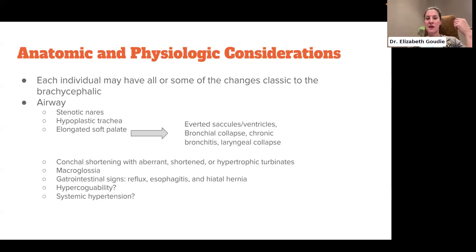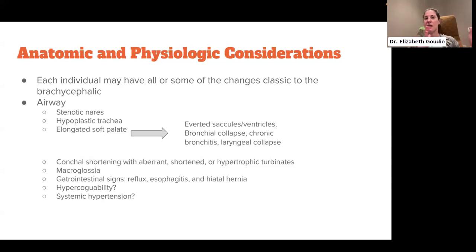So the classic brachycephalic airway is stenotic nares, hypoplastic trachea, elongated soft palate. Due to the negative pressure that's created by this general stenosis of their upper respiratory system, we often see everted saccules or ventricles, bronchial collapse causing a chronic bronchitis, and then laryngeal collapse as well.